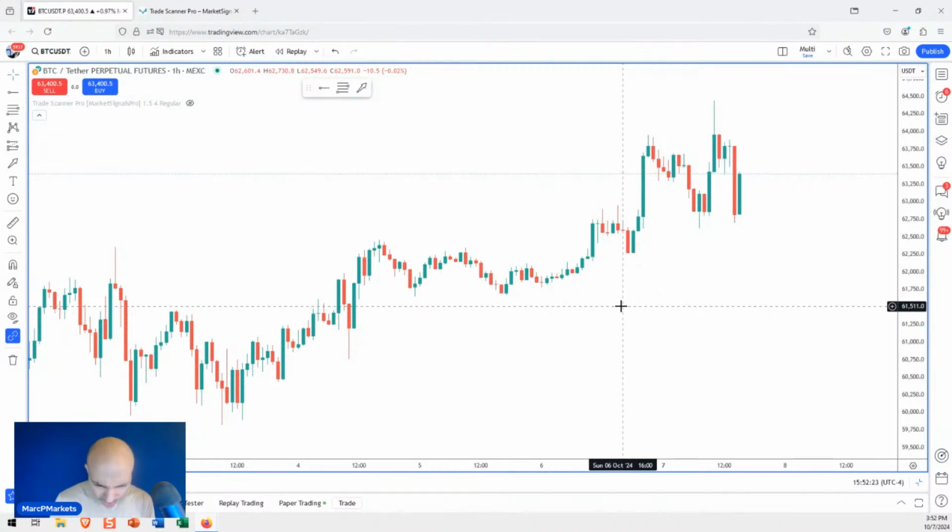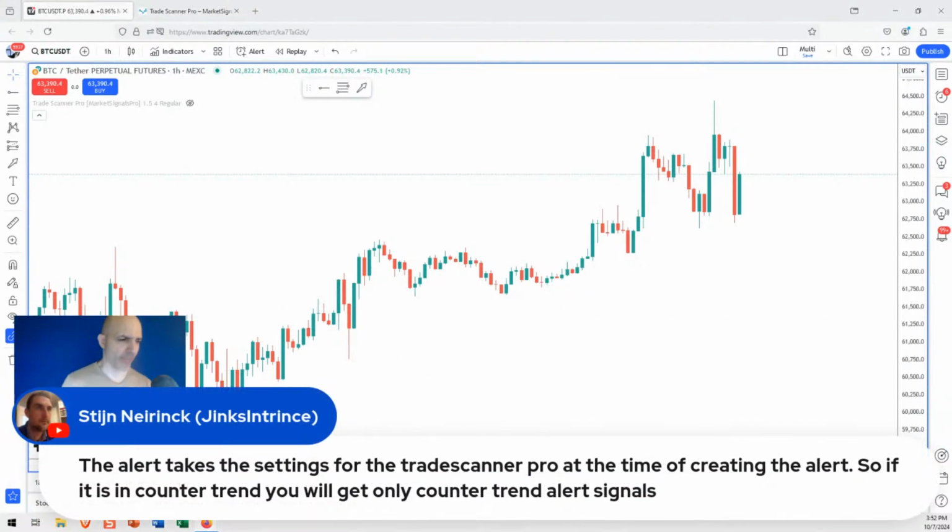Stian says here it takes the settings for the Trade Scanner Pro. Oh, here's what he's saying about the notifications: at the time of creating, if it is counter trend, you will only get counter trend. Okay, interesting. Thank you for pointing that out, Stian. So as a beginner, experiment with that, because you don't want to be sitting in front of your computer for hours waiting for signals, especially if you're using a 5 minute, 15 minute or 30 minute chart.